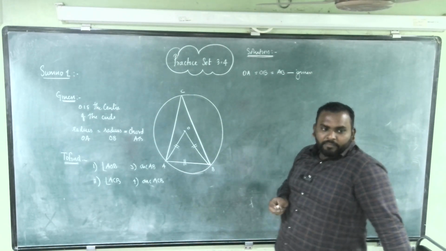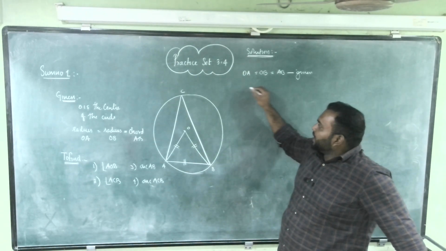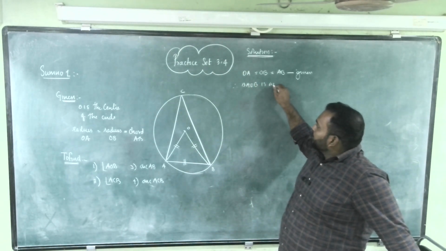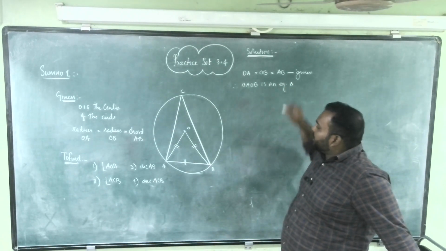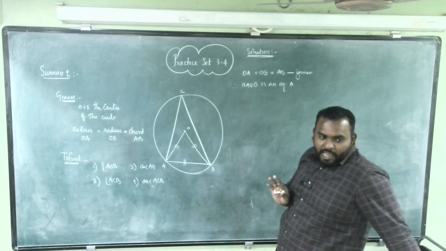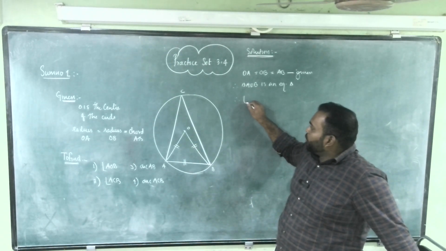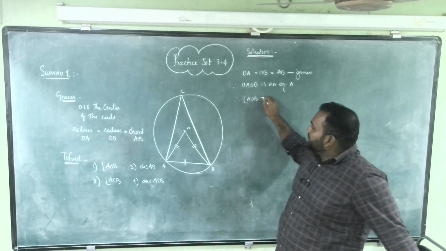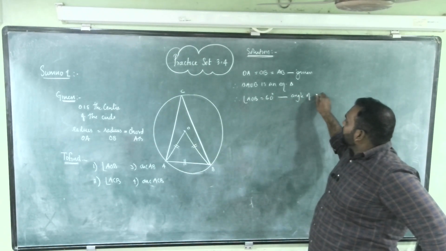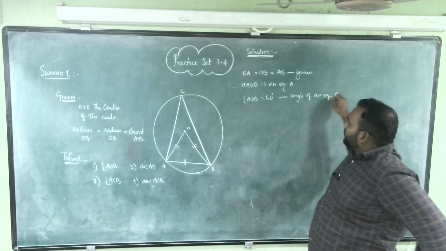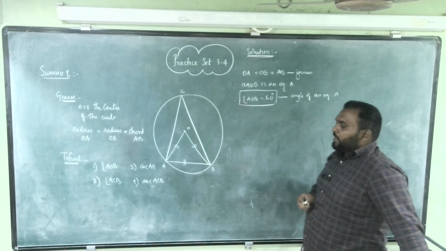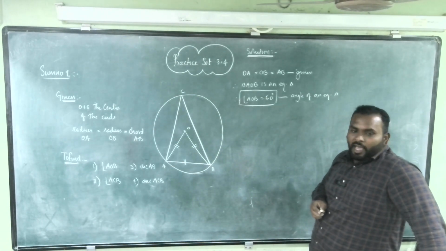And if all the three sides are equal, that means triangle AOB is an equilateral triangle. And you know how many degrees each angle of an equilateral triangle is? 60. Write therefore angle AOB is equal to 60 degrees, angle of an equilateral triangle. Put this inside the box. Understood?